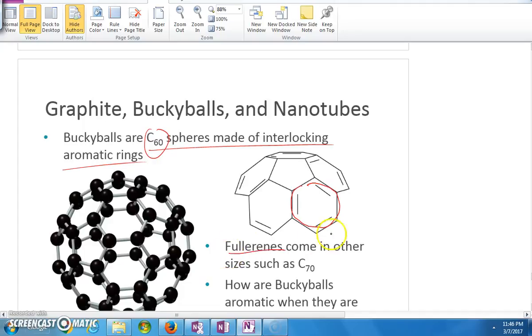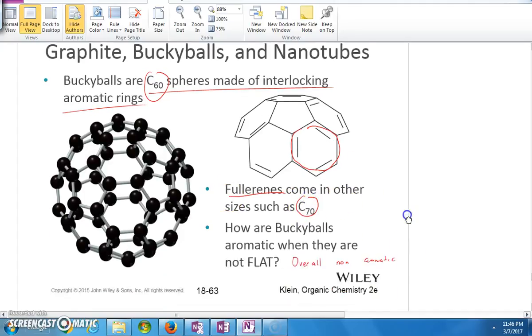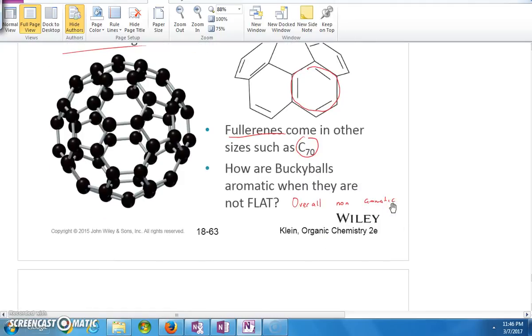Fullerenes, on the other hand, come in other sizes, like C70. We know that buckyballs are only aromatic because you're looking at individual rings. The individual rings are aromatic.